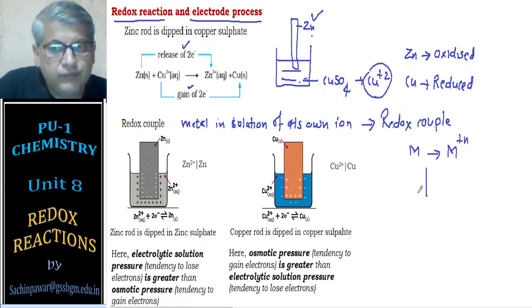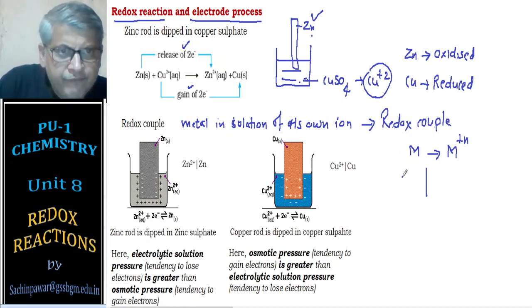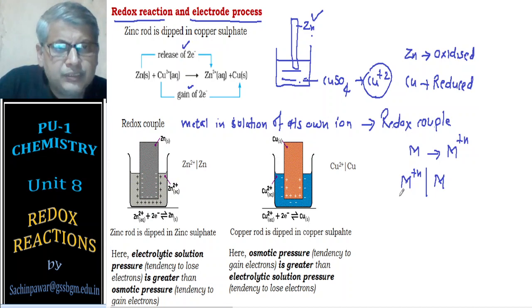What is this line? You will learn in more detail in second year. I am not going to go into much detail about it. Here the redox couple is indicated: first you write the ion, and put a vertical line, and then we write the metal. So this is the symbol for redox couple.